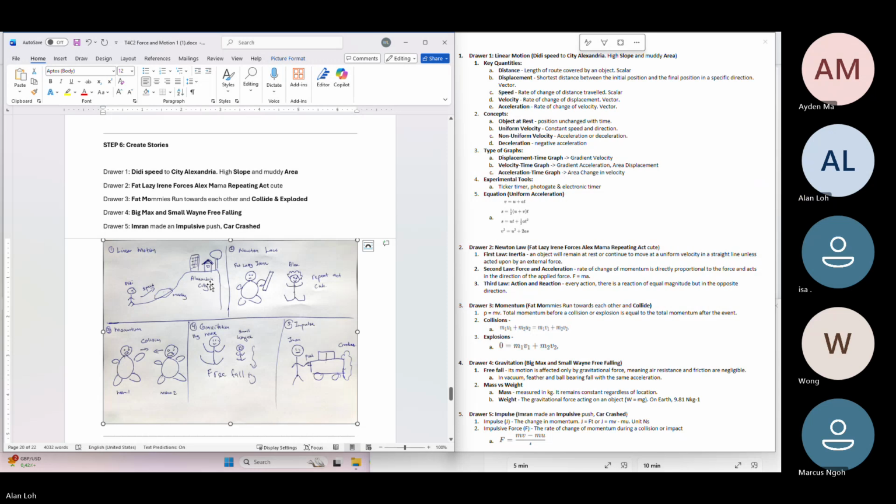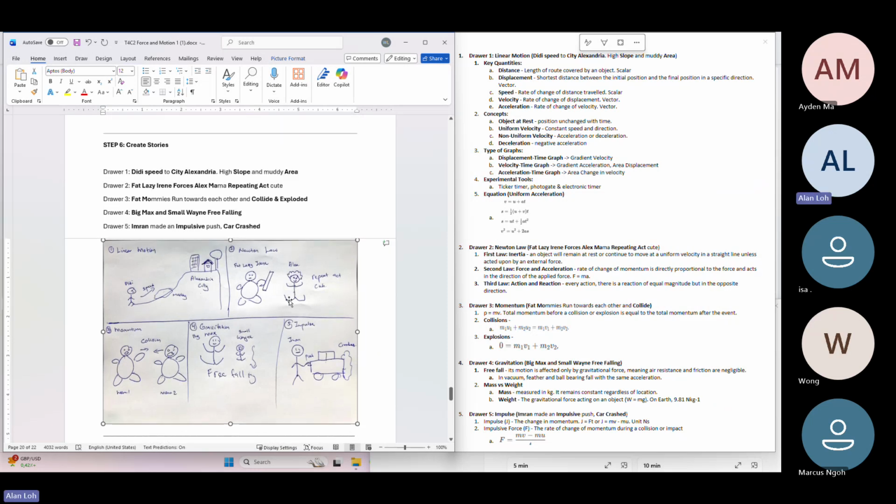Right? And this one, and this one, and this one. Especially after 2 weeks or after 3 weeks, looking at this picture alone can already help you remember what you have learned 2-3 weeks ago, right?